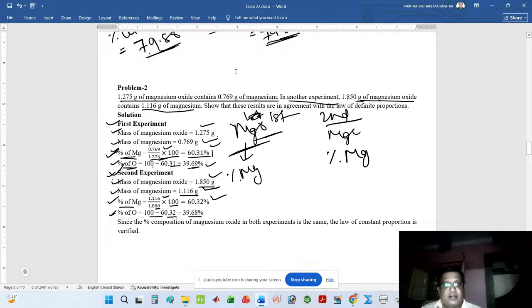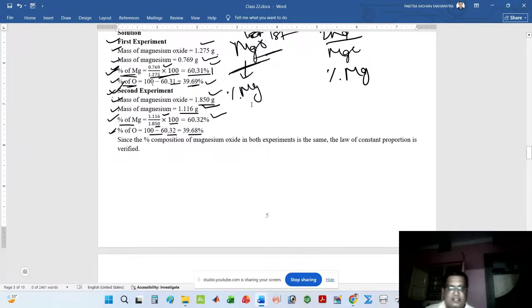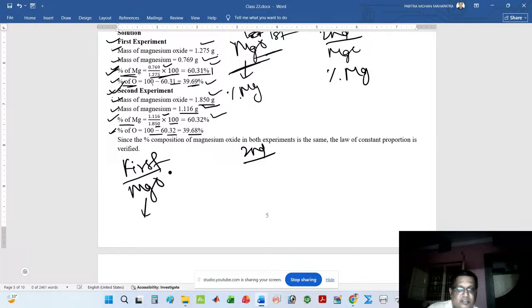Look at that. If you will think about the first experiment and second experiment, now think about the magnesium oxide. In the first experiment, in magnesium oxide, magnesium percentage is how much?